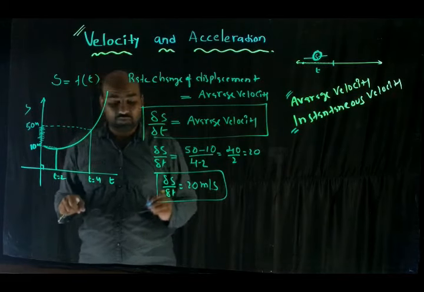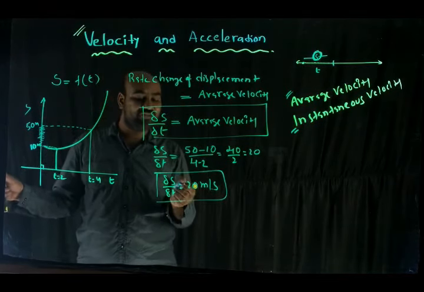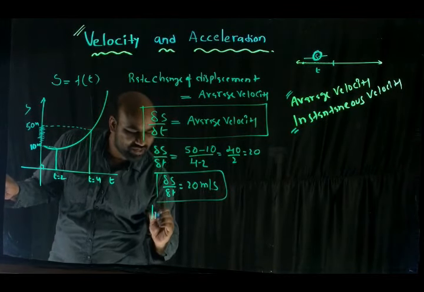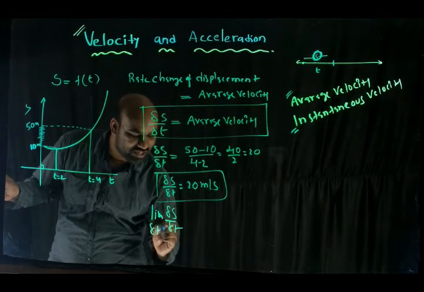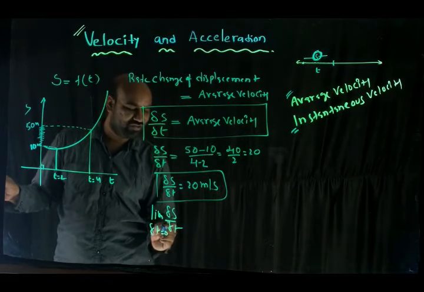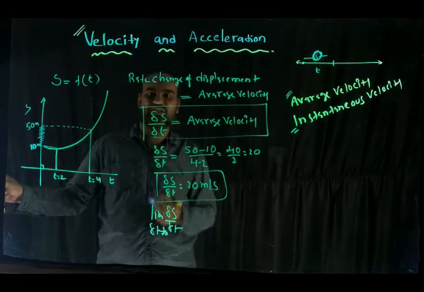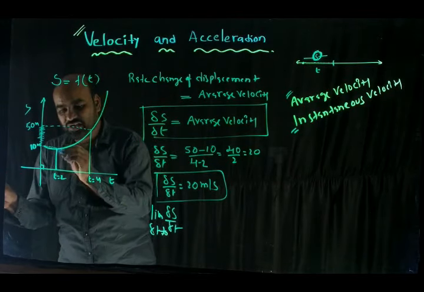Sometimes you will find the instantaneous rate of change of displacement. That is symbolized as the limiting value of delta s by delta t, where delta t tends to 0. This is called the instantaneous rate of change of displacement. At what time? For example, t equal to 2.